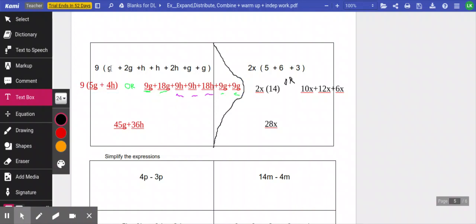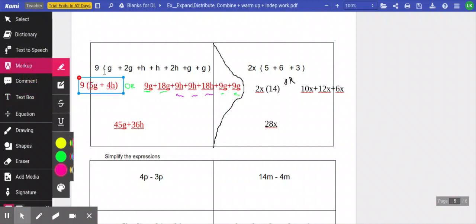Inside here, the parentheses, we can identify like terms. We've got 1g plus 2 more g plus another g and another g. So you've got 2, 3, 4, 5, 5g on the inside. You also have some h's. Here's one h, here's another h, and 2 more.